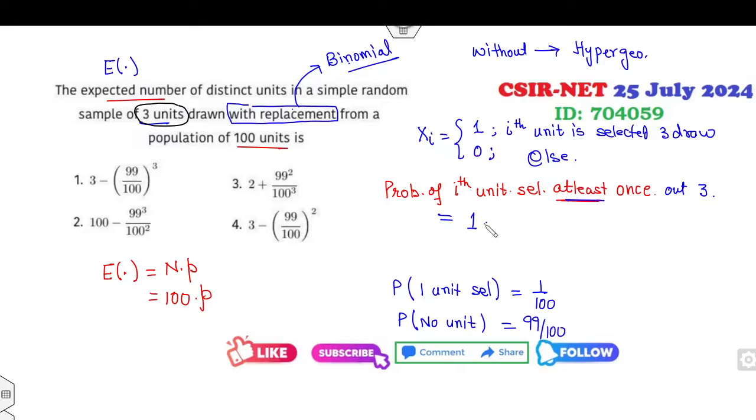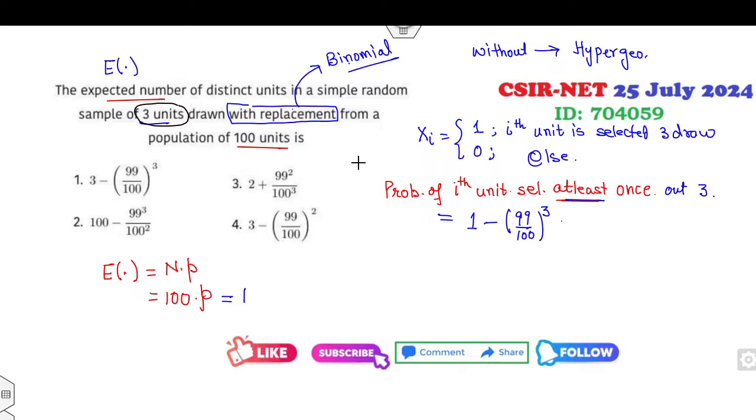So at least once is 1 minus no unit selected out of the 3. Here I take all draws with replacement, so 99 over 100, 99 over 100, 99 over 100. Fine, so this is my P. Because this is my probability, if you want to find the expected value, it is the expected value of the Xi's, I varies from 1 to 100.